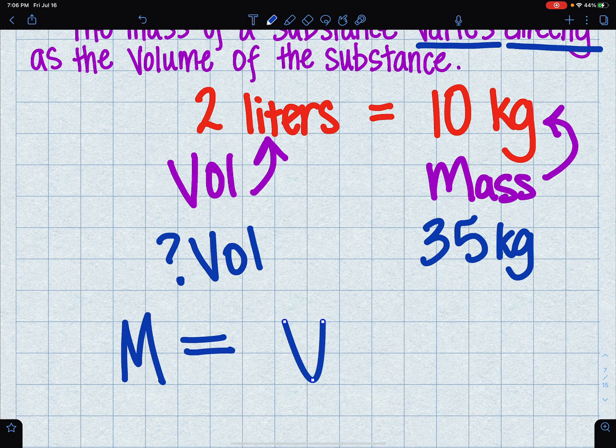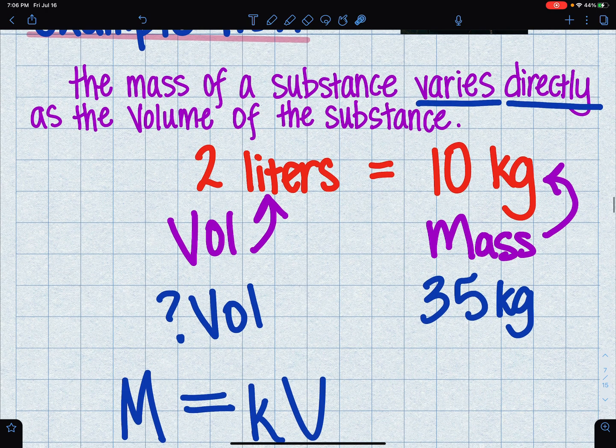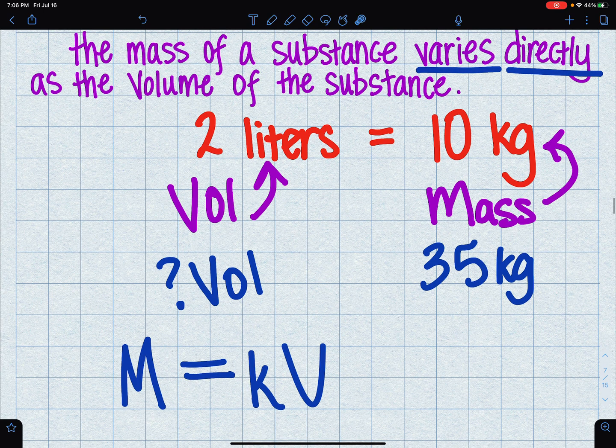So mass goes up, volume goes up, but we need a constant of proportionality, okay? So the first time I did this problem, I did it wrong because I had written volume first over here because it gave us that information first in the problem, and I wrote volume equals K times M. That is wrong because when you read the first sentence carefully, you can see that it says the mass of a substance, mass, varies directly, that's where your equal sign goes, as the volume of the substance.